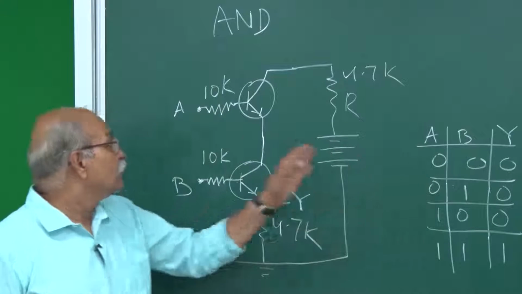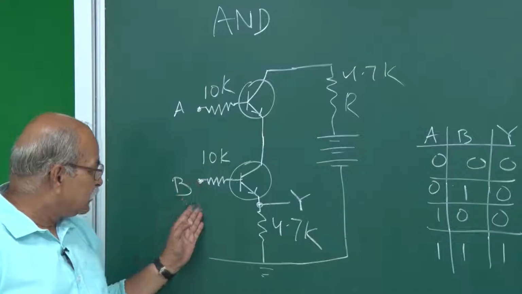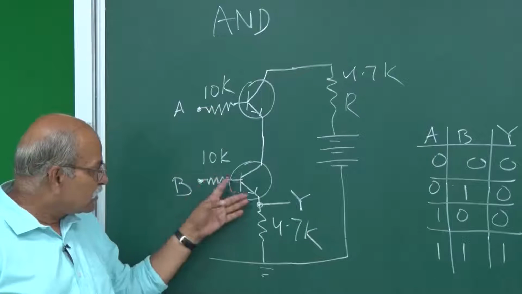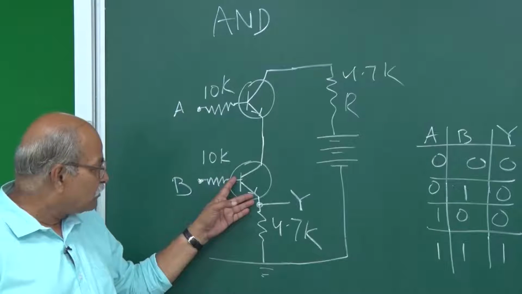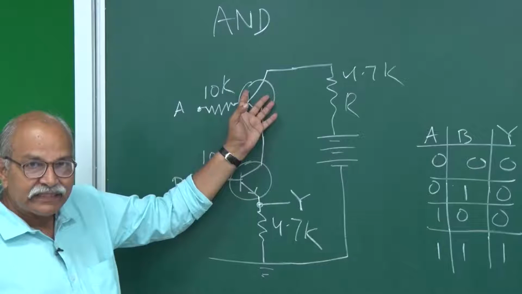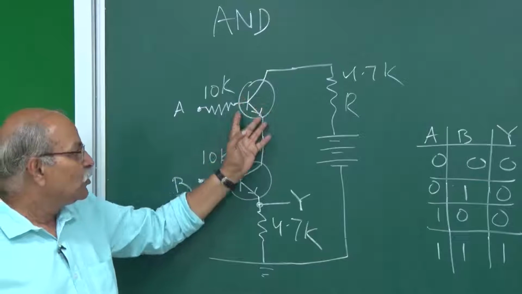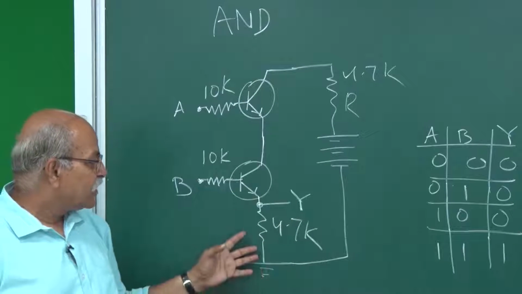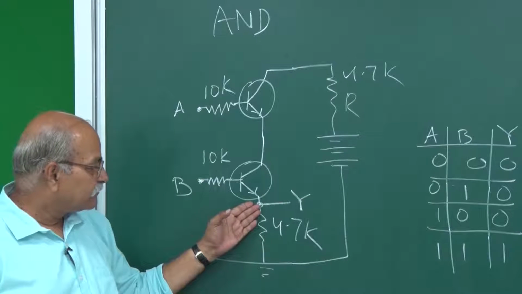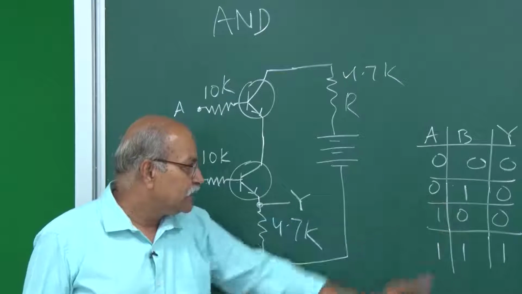What about A is 0, this is grounded, but B is 1, here you are giving high voltage. So, this transistor is in conducting mode because of this biasing, but the current cannot go because it will be blocked here, this is in cutoff mode, and ultimately the same story, no current goes anywhere, and you have the same 0 output here. Same thing when A is 1 and B is 0.